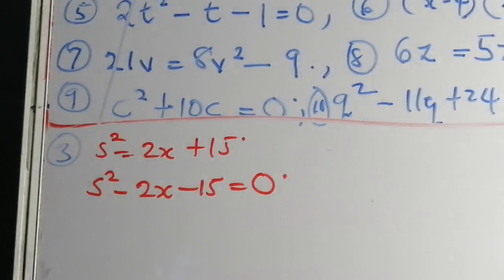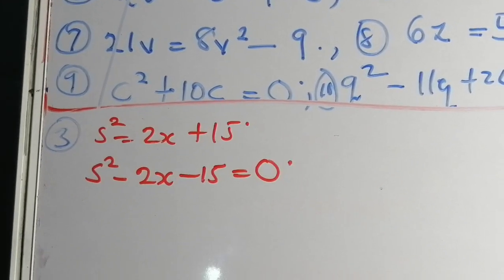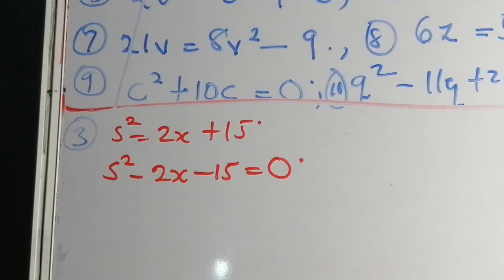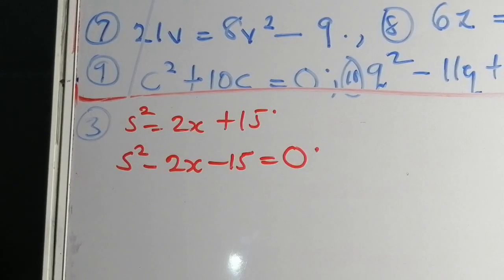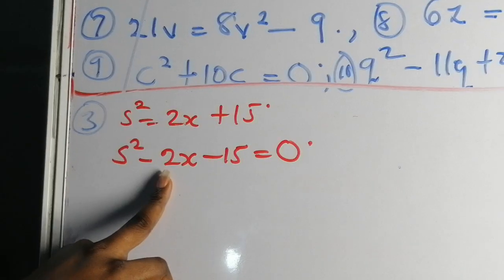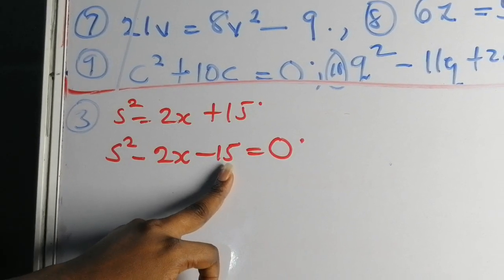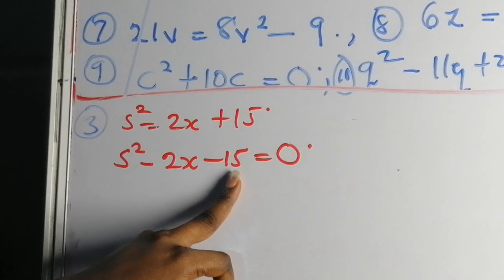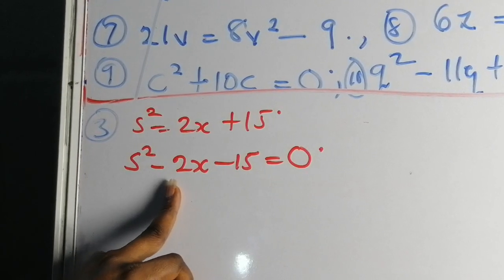Now, this is where you need to note one or two things here. Let's look for two values that can give us minus 2 that we can divide this with. So we can use 5 and 3. 5 times 3 is 15. It will give us minus 2.